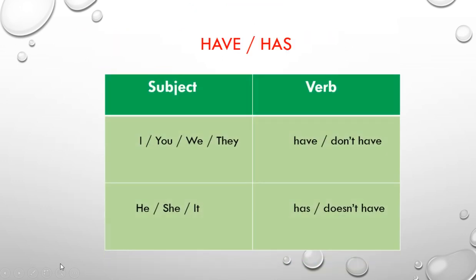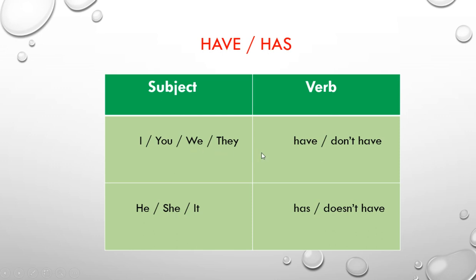Okay, so this is it. So the verb to have, when you want to conjugate the verb to have, or to use the verb to have, you have 2 simple, very easy words, which are have and has. ومتى نستعمل have وhas؟ have كما قلت سابقا نستعمله مع هذه الضمائر I, you, we and they.